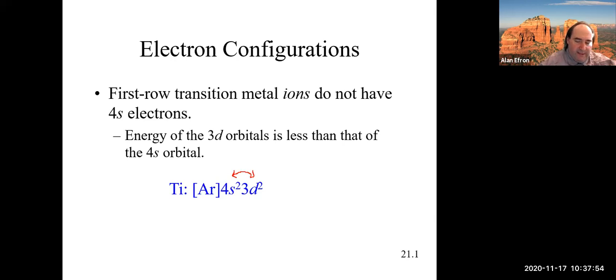So Ti with a +3 charge means it needs to lose 3 electrons. The first electrons that go are these 2 from the 4s, and then we dip into the 3d, and that's why we're left with argon 3d1 in this particular case. Any questions on that one?